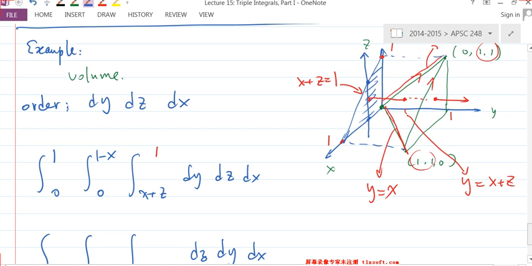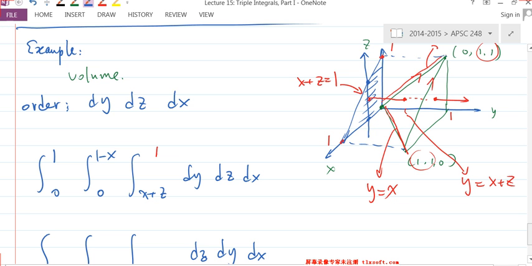So if z first, then you have to find the shadow or the projection of this region in the xy plane. And then you draw an axis in the positive z direction across the region. First contact is z min, second contact is z max.